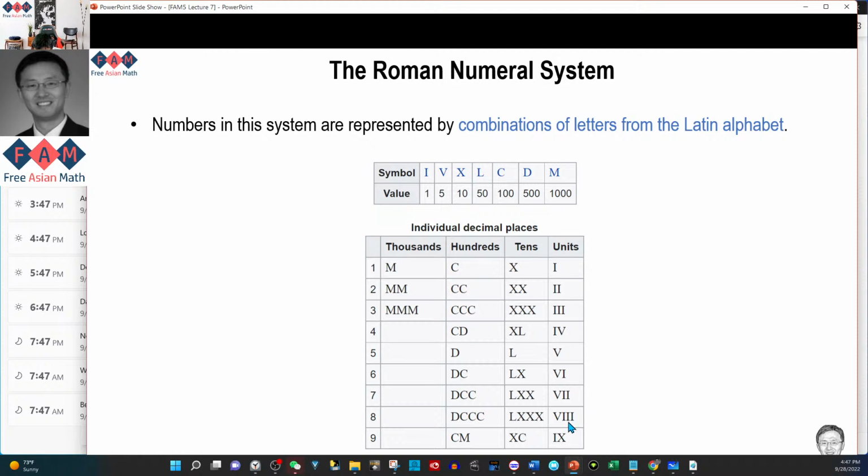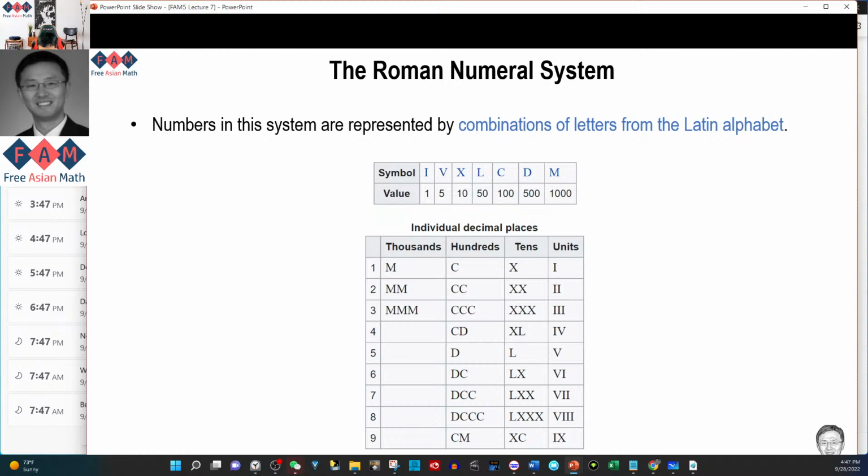So 8 is written as 3 1s on the right of 5, and 9 is 1 on the left of 10. So you don't have something like 2 on the left of 10 to get an 8. Okay, so far you already see that just to represent from 1 to 9, it's that difficult under this system.